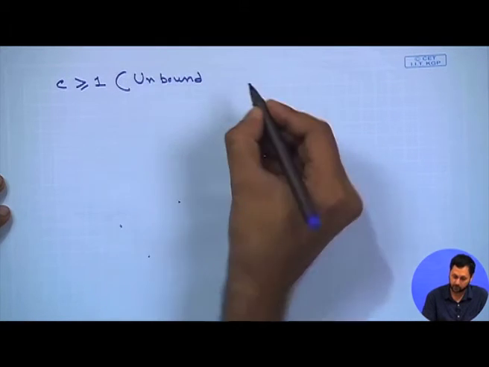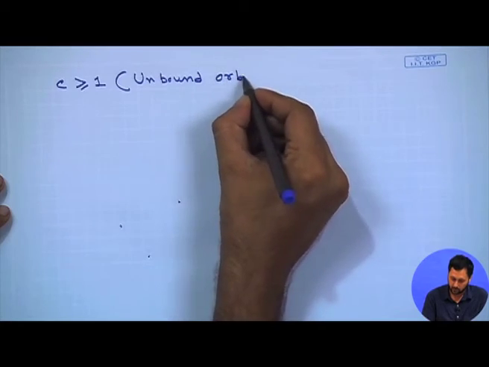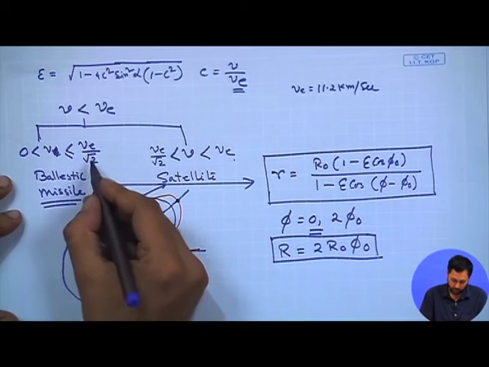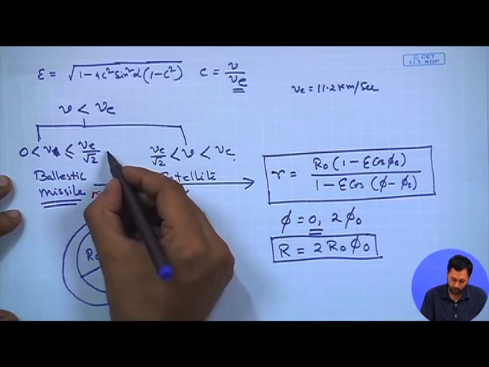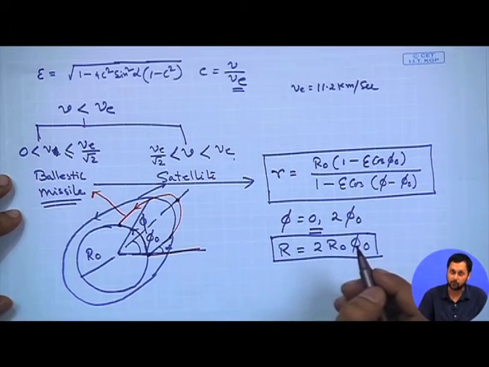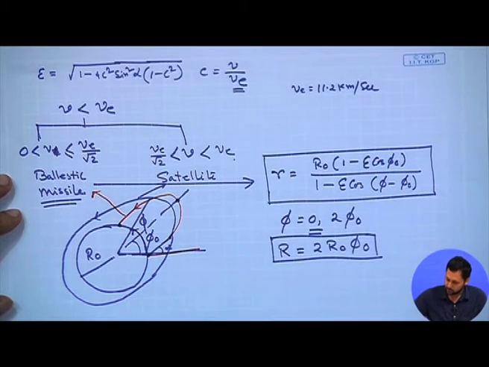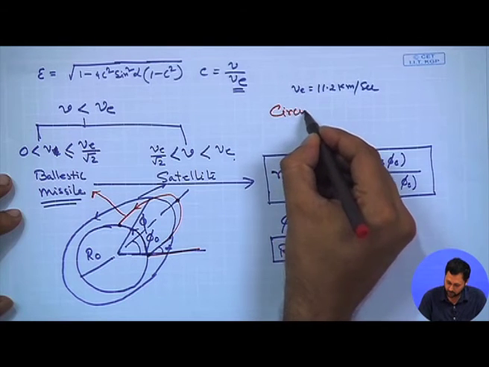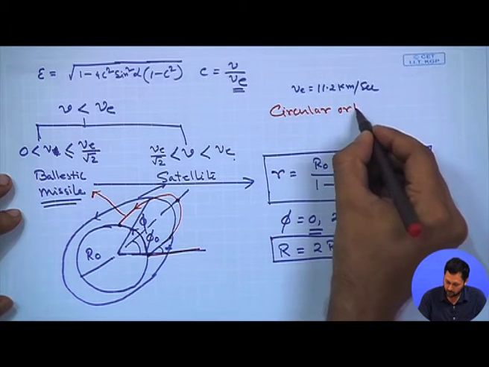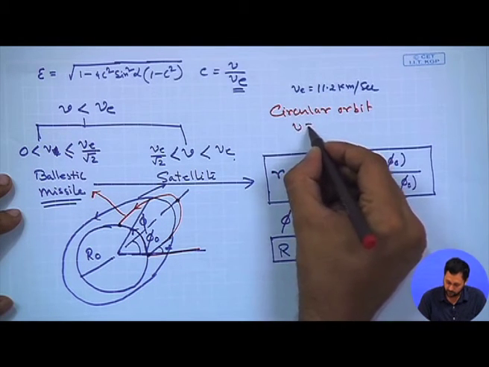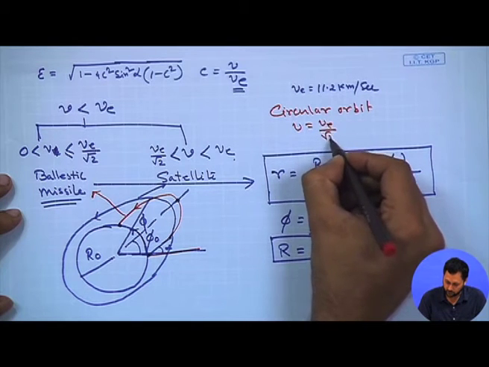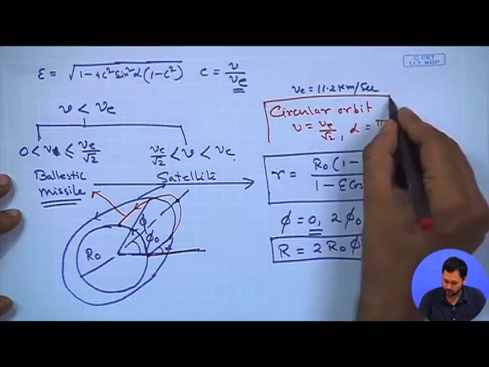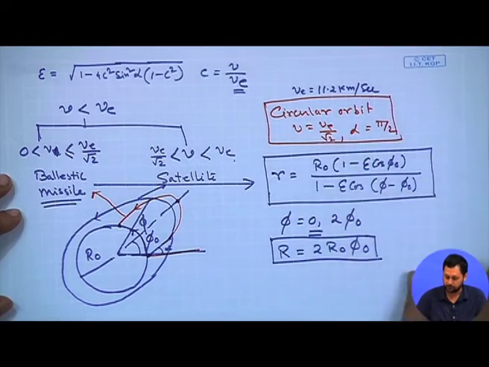So far we have discussed only bound orbits, and also we have discussed the circular orbit. The condition for a circular orbit is achievable when v equal to ve by root 2 and alpha equal to pi by 2. So, this is what we have seen.